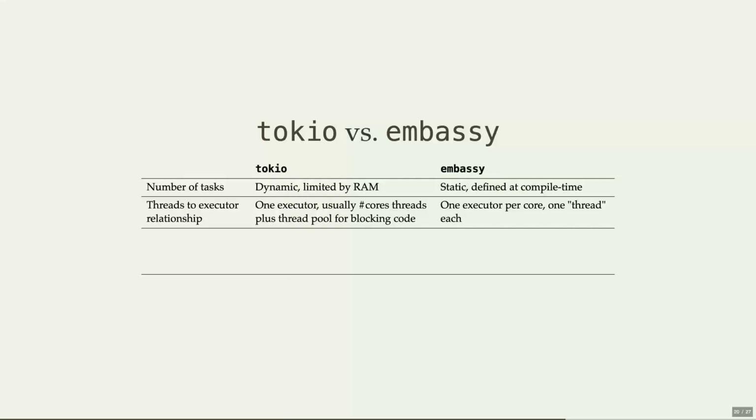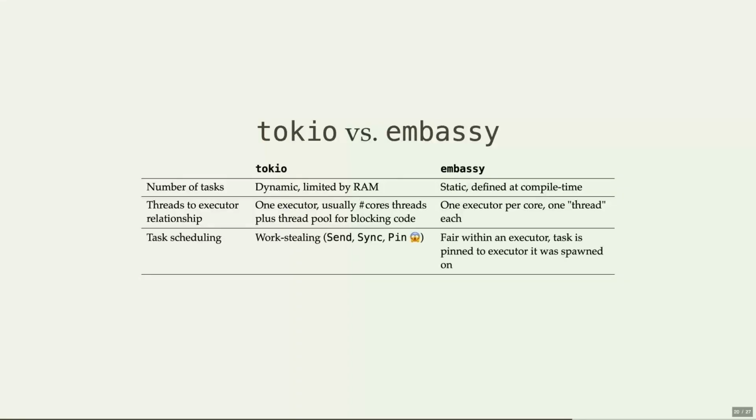So whenever you run an operation that should be async but isn't, like, okay, you want to synchronously load a large file into memory, then you just schedule that operation to run on a blocking thread pool to not prevent other tasks from running. In Embassy, we have one executor per core, and each of these executors has one thread. That means that if we have a multi-core microcontroller, then we also have multiple executors running within a single program.